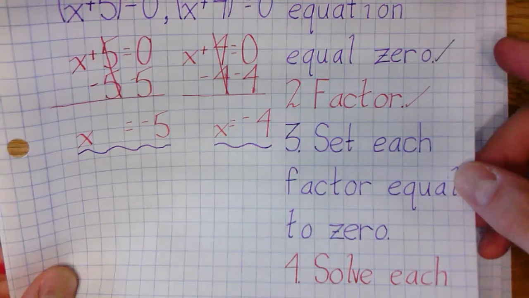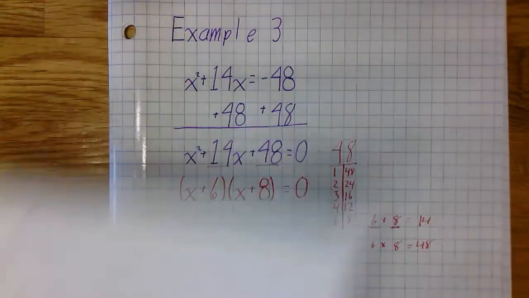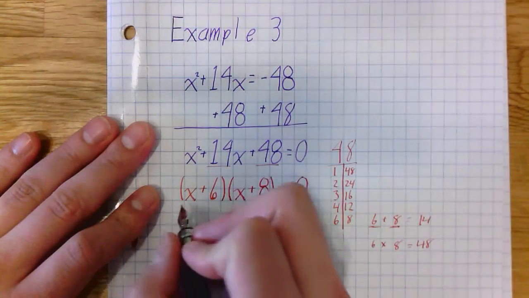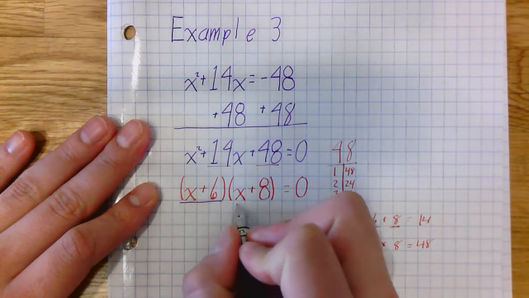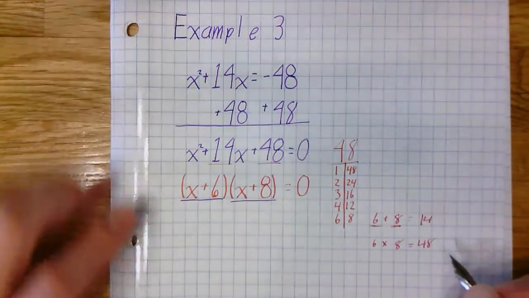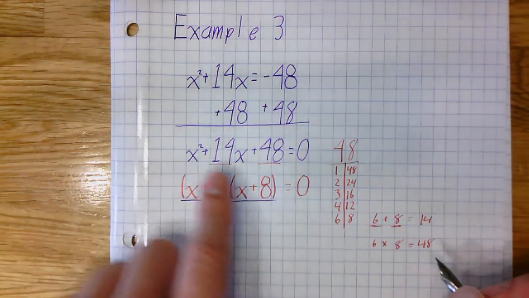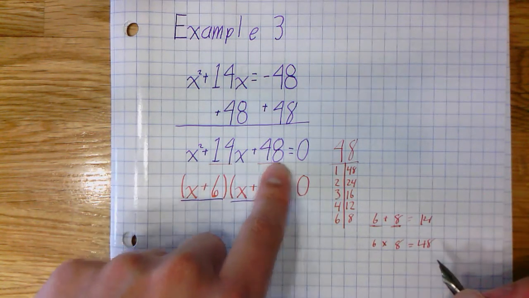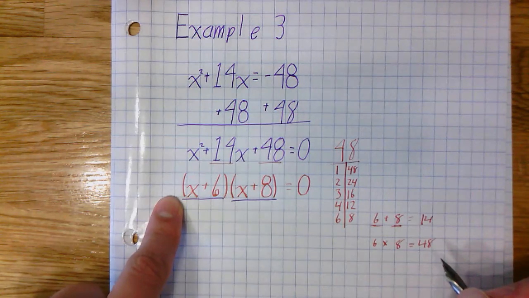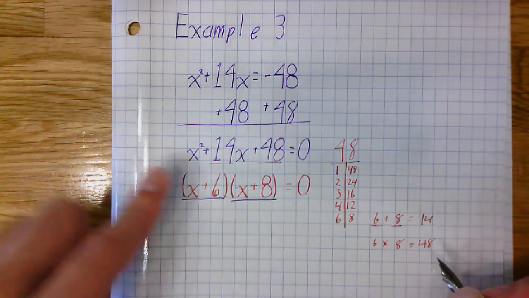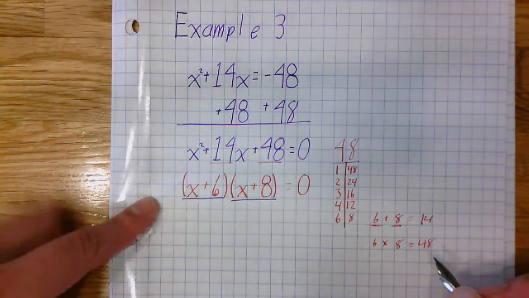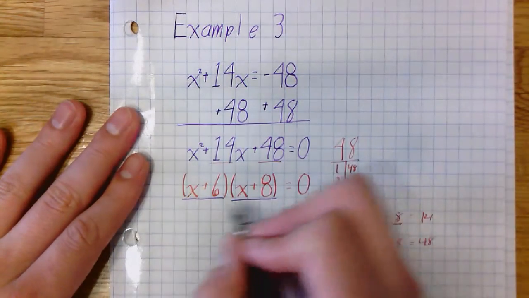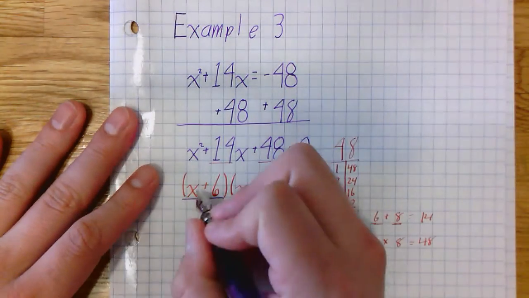Now we're going to set each factor equal to 0. So the factors are just the things in the parentheses here. You might have a GCF, like there might be x cubed plus 14x squared plus 48x. You could have a GCF of an x out in front. That would count as a factor too, so that would be set equal to 0 as well. So these things in parentheses are our factors, and we're going to set these equal to 0.